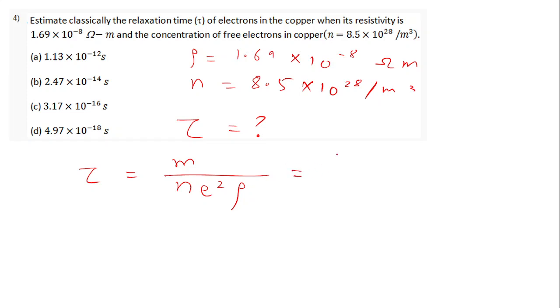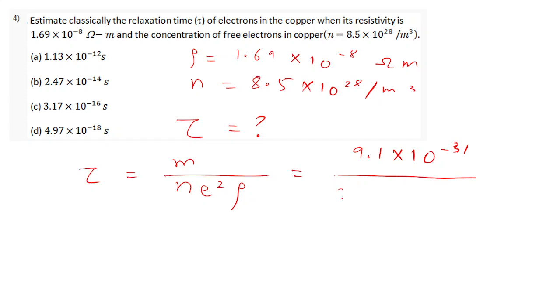When we put in all the values like 9.1 times 10 to the power minus 31, see, that's why I was saying we should remember these standard values, because here they have not given the charge value and the mass of the electron. So these are values we should remember, because if you take the exam for this course online, maybe these constants could be given or may not be given. So you should better remember.